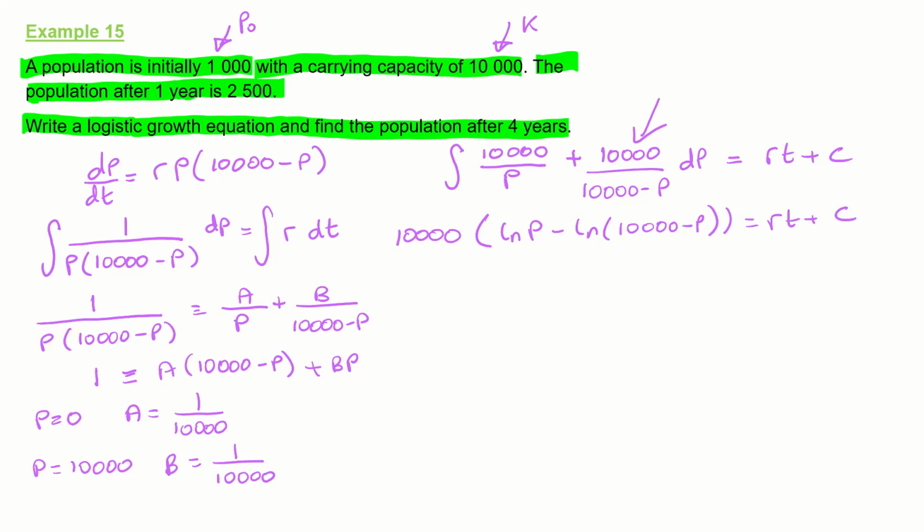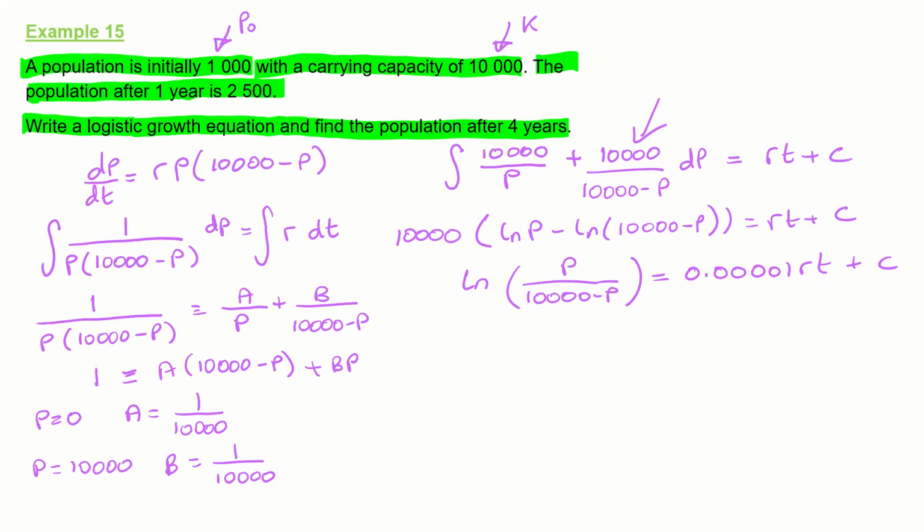And so we can say ln of P over (10,000 minus P) is equal to 0.00001 rt plus a constant. We won't bother changing the name of the constant just because we've divided by 10,000.